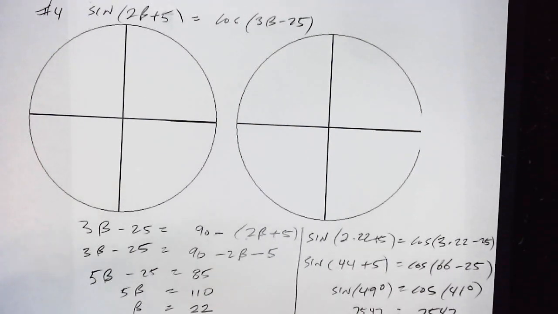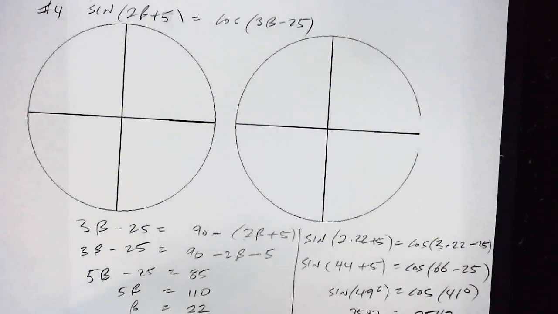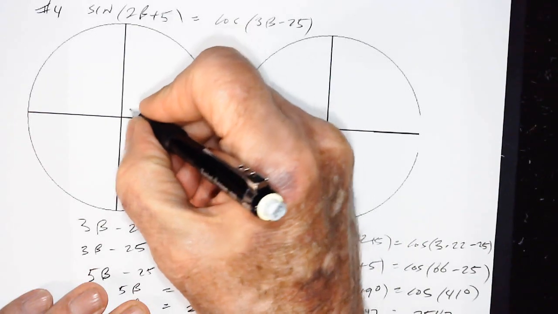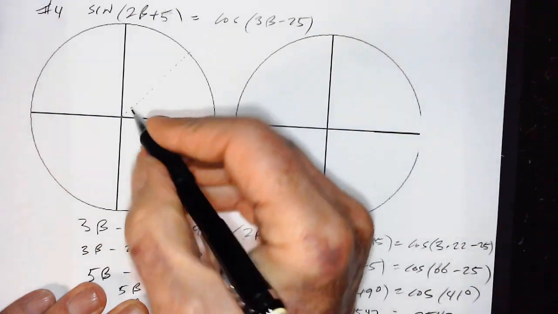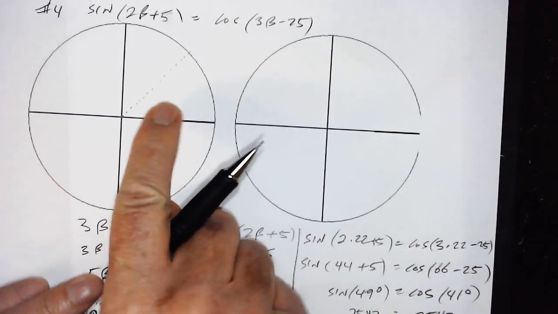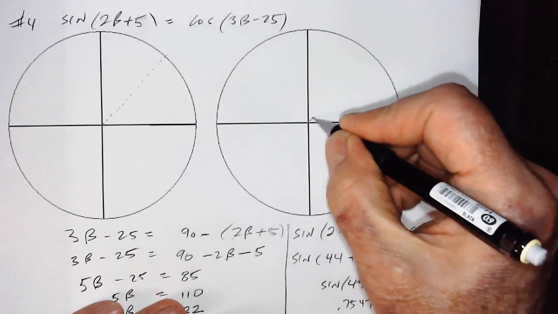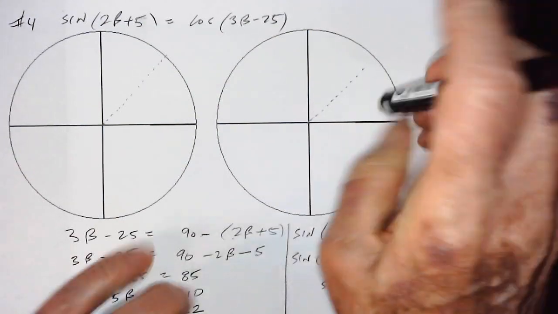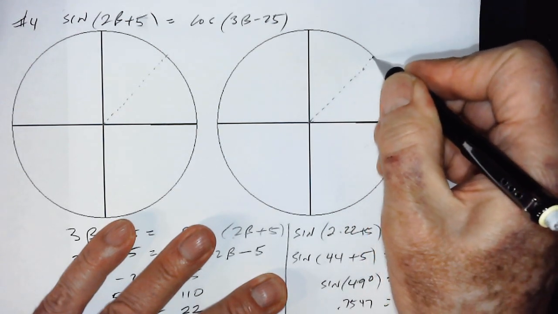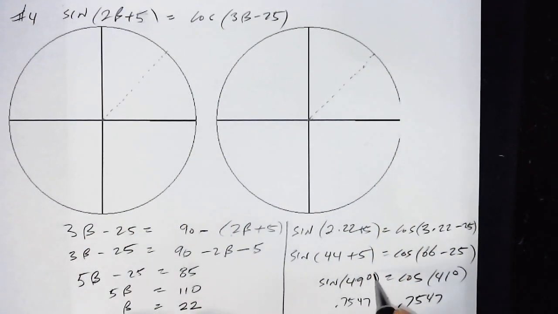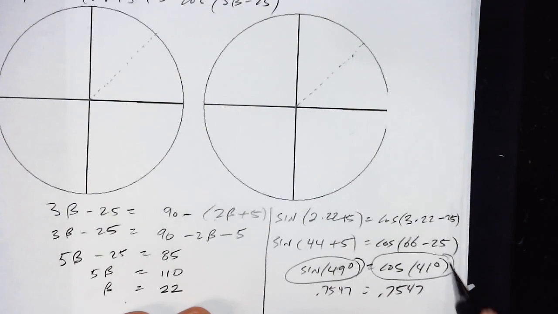Now the last thing I'll do with this then, let's make a picture. What do you think that would look like? In other words, what are we trying to show here? Here, let's say a 45-degree angle is something halfway. 45 degrees splits this up into 45 plus 45 equals 90. So you see, our answer is talking about the sine of 49 degrees and the cosine of 41 degrees, and we're saying those are equal.